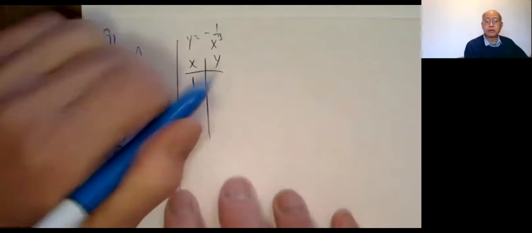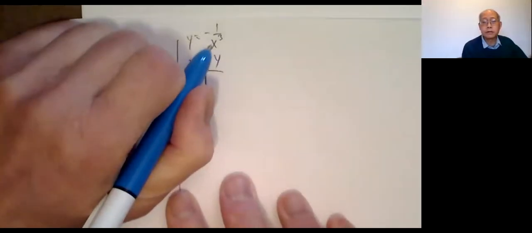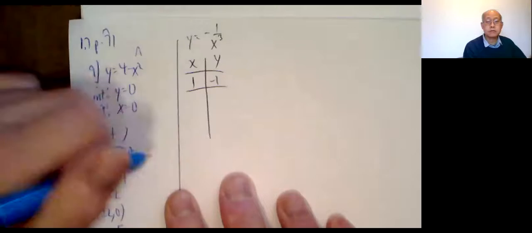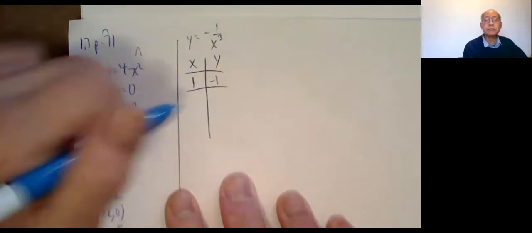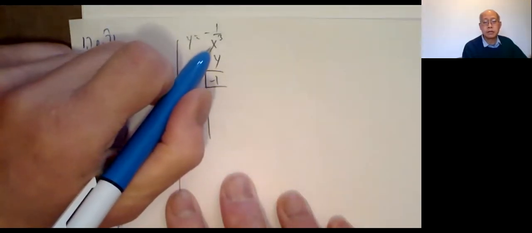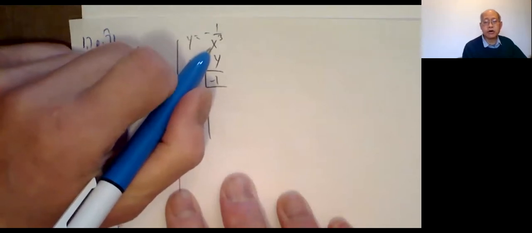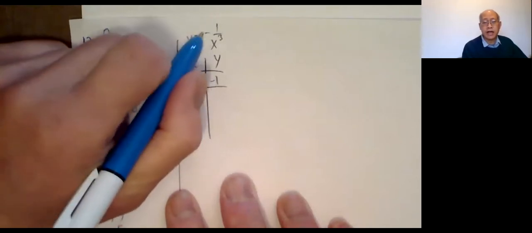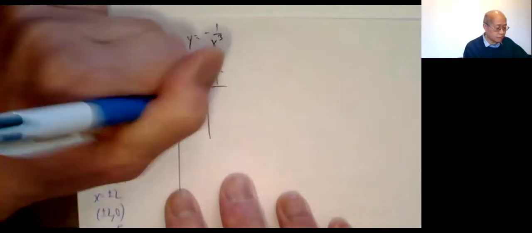So what happens when I plug in 1? -1. How about if I plug in -1? -1 cubed is -1. So I have -1 divided by -1, which is a +1.